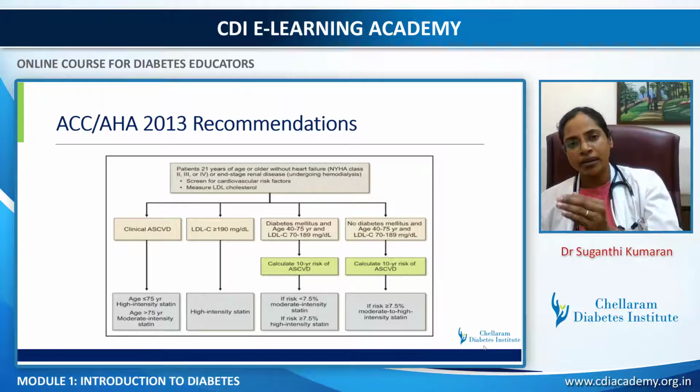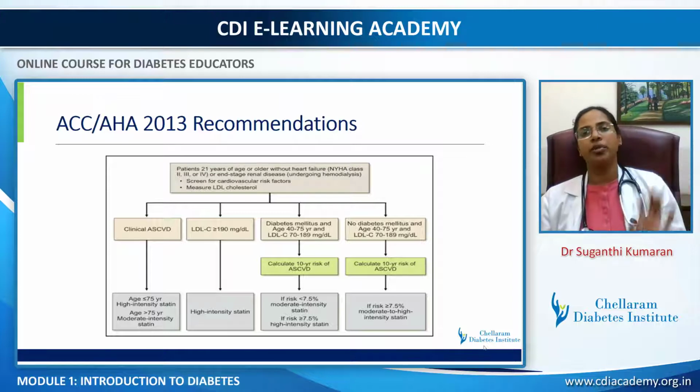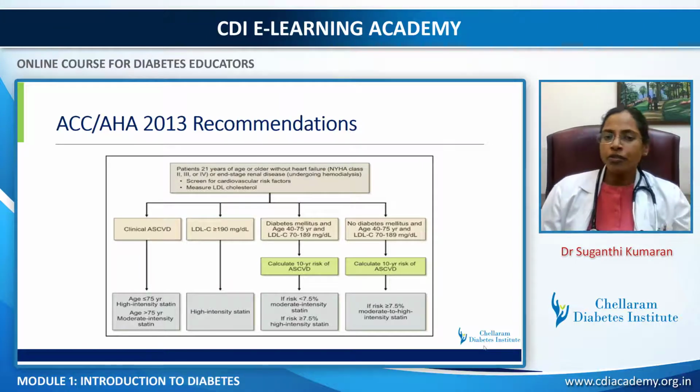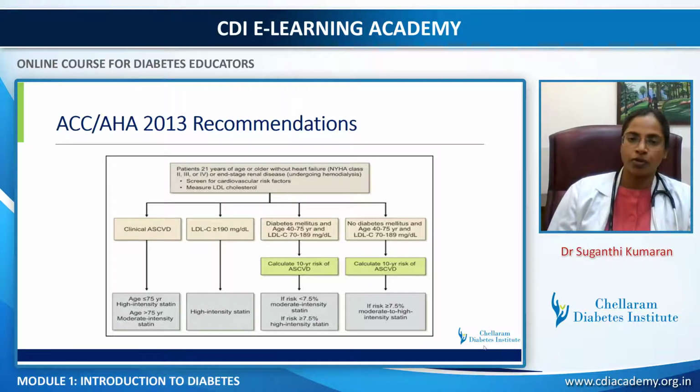We calculate the 10-year risk to decide whether we want to reduce by more than 50% or only between 30 to 50. More than 50 would be if the risk factor is greater than or equal to 7.5%. However, if the calculated 10-year risk of atherosclerotic cardiovascular disease is less than 7.5%, then we give them moderate intensity.